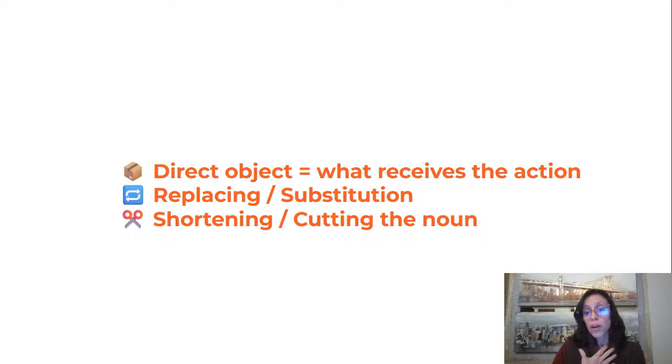For example, Verónica. "Yo veo a Verónica." Verónica is a proper name, but I can perfectly say "yo la veo." So I cut the proper name as well. Or simply "yo veo a la maestra," or "yo veo a la profesora." I see the teacher, and I can say, I see her.